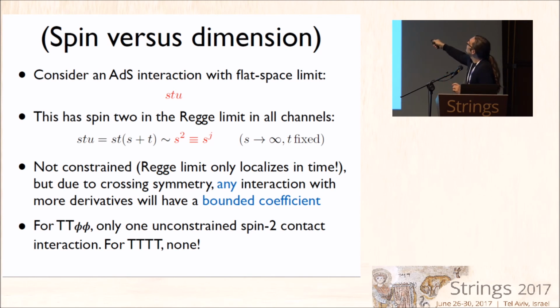But there's a handful of interactions, like if you have a 6-derivative scalar interaction, it will not be constrained, because it behaves like spin 2 in each channel. But if you scatter gravitons, for example, things get more and more constrained, and there's actually only one unconstrained coefficient for graviton, and for 4 gravitons, there's no free parameters. So basically, you can constrain every higher dimension operator to be small, except for a handful of ones.